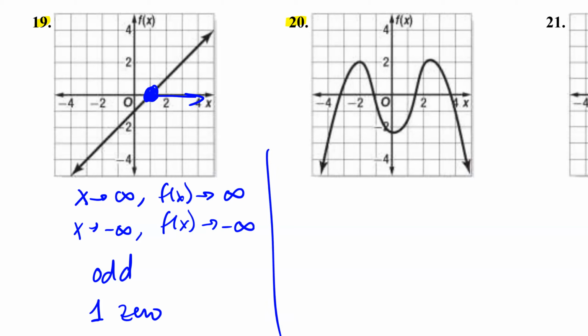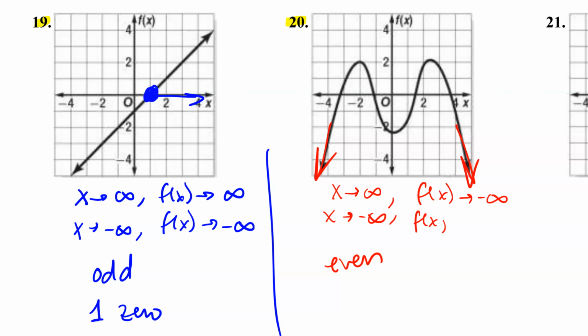And that's in comparison to the other one, which is even, because they go in the same direction. They both are going down forever. It doesn't matter which way I'm going. My function is going down to negative infinity, right? If it's going down, it goes to negative infinity. And then the number of real zeros is how many times it crosses the x-axis. So that's 4 zeros.